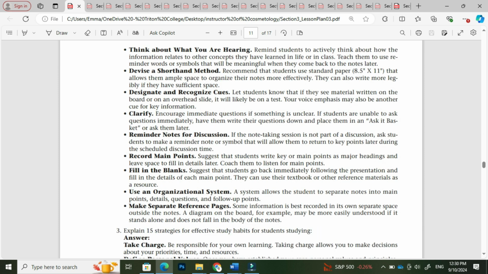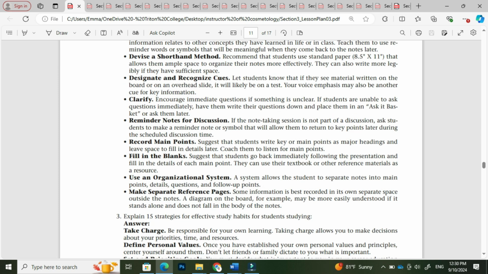Clarify. Encourage immediate questions if something is unclear. If students are unable to ask questions immediately, have them write their questions down and place them in the ask-it basket or ask them later. Reminder note for the discussion.